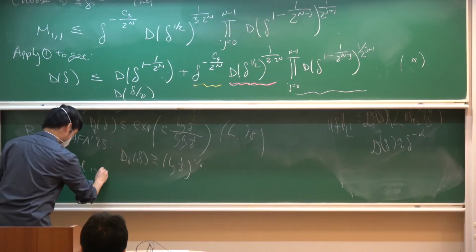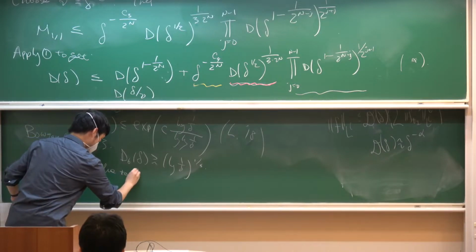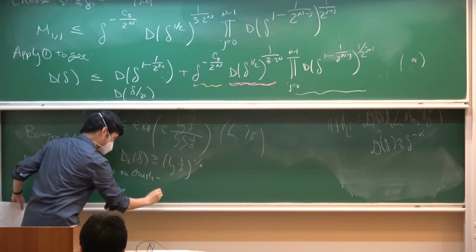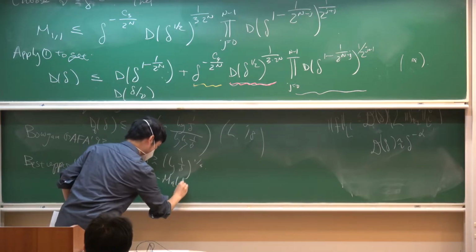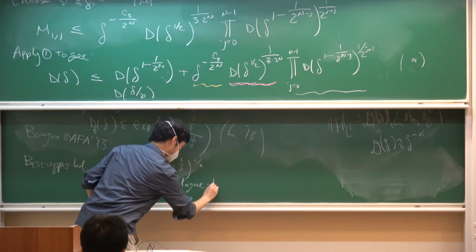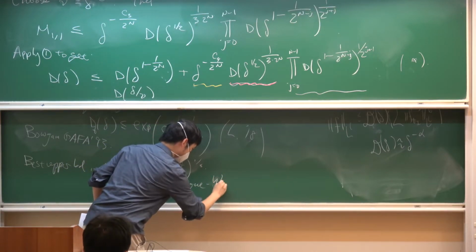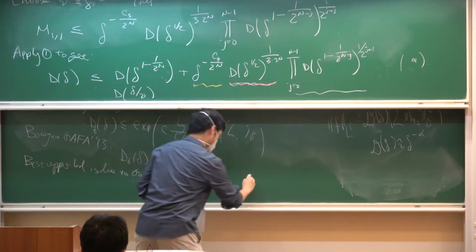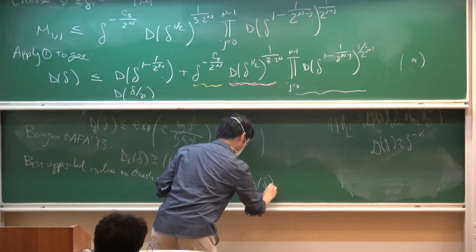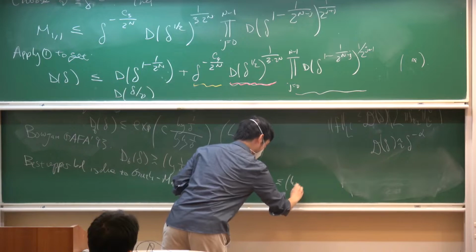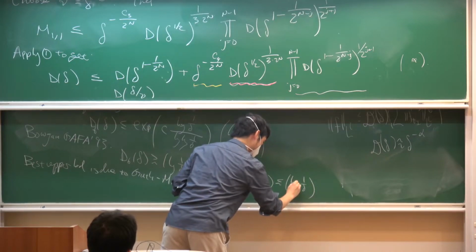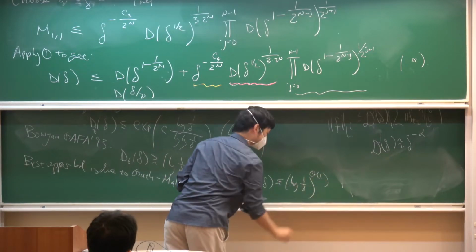It is due to Larry Guth, Dominique Maldague, and Hong Wang, who showed that d6 of delta is bounded by log to the 1 over delta to some constant.